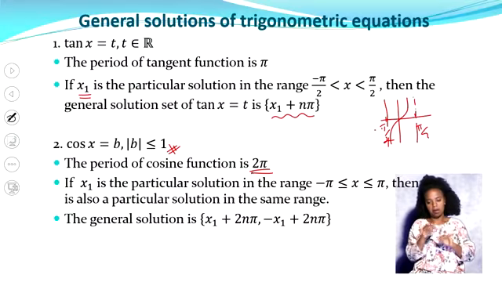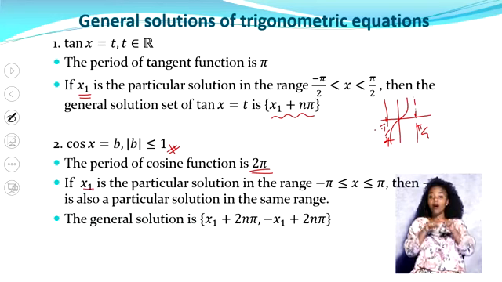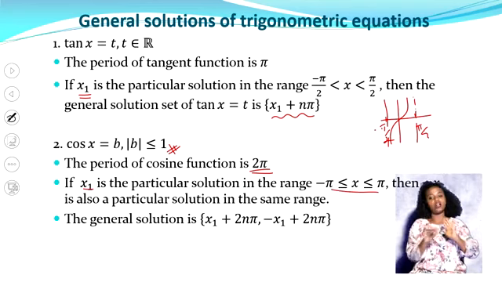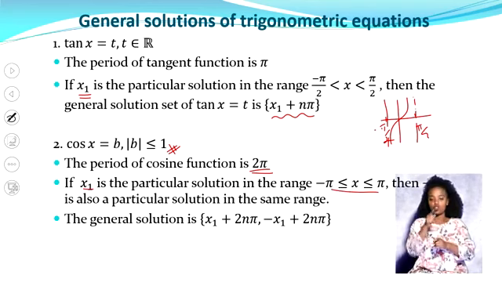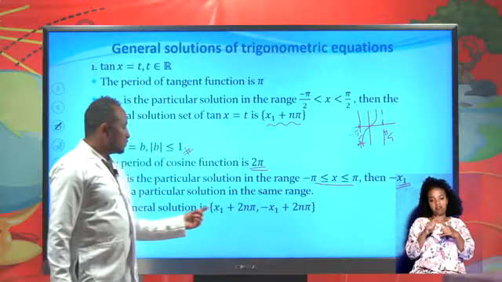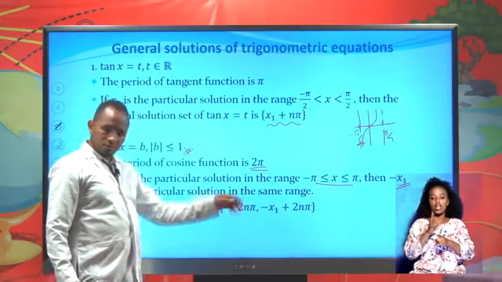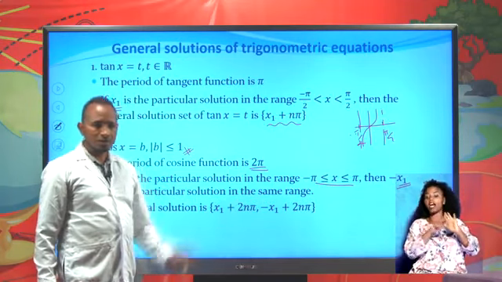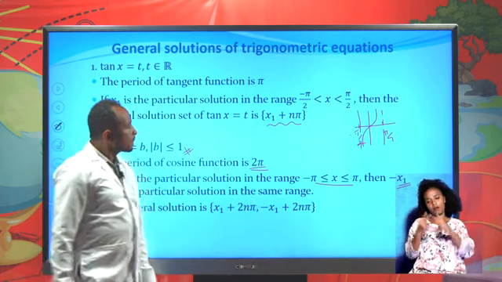To find the general solution, you add a multiple of the period. Therefore, the general solution will be x1 plus 2n pi and minus x1 plus 2n pi.